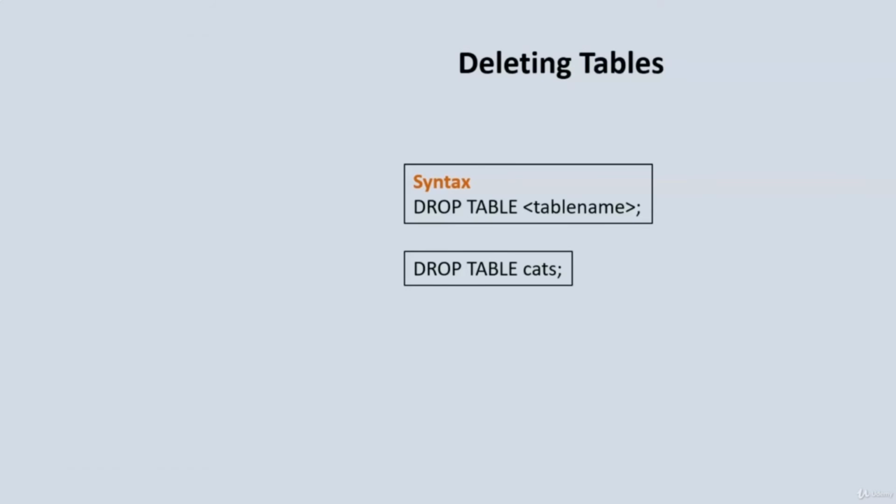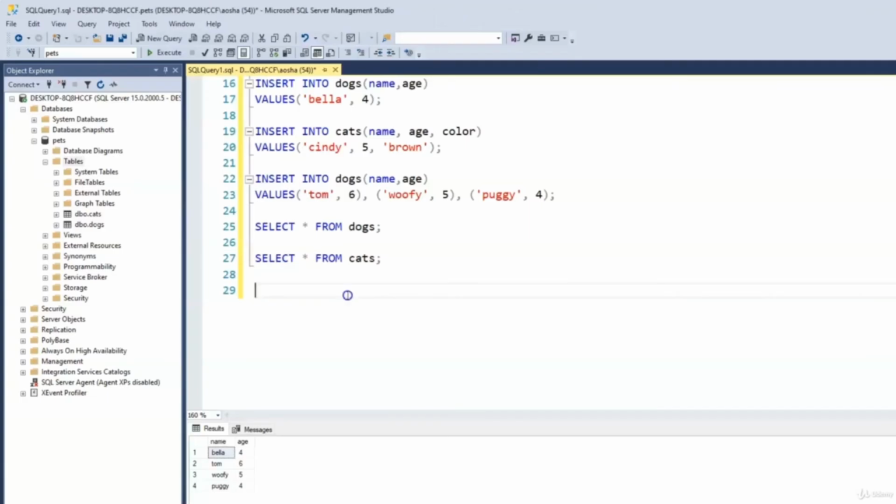The syntax to delete a table is simply to type the keywords drop table followed by the name of the table. So if we choose to delete our cats table, all we need to do is type drop table cats. We end with a semicolon. Let's go ahead and delete our dogs table.